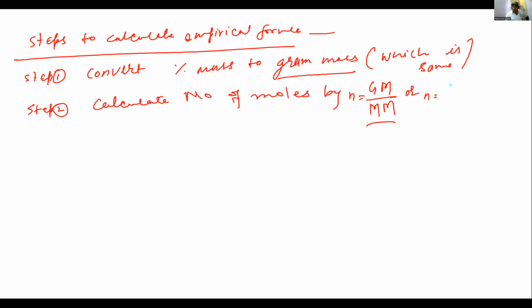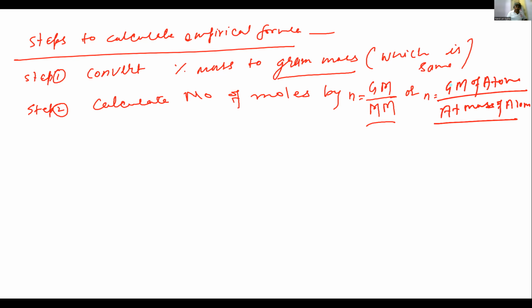The given mass will be the given mass of the atom. The first day in the demo class itself I told you: n equals given mass of atom divided by atomic mass of atom. Can you understand this point? Number of moles of atom you can calculate.